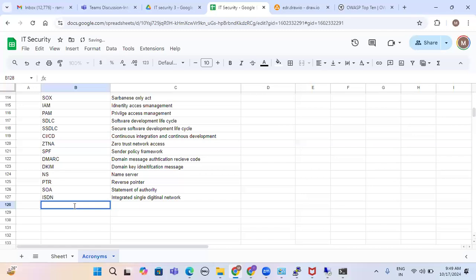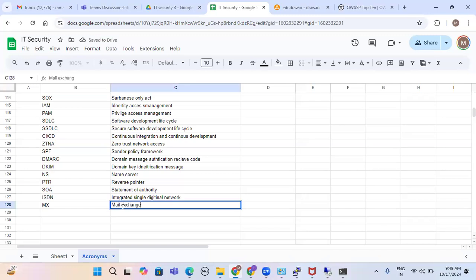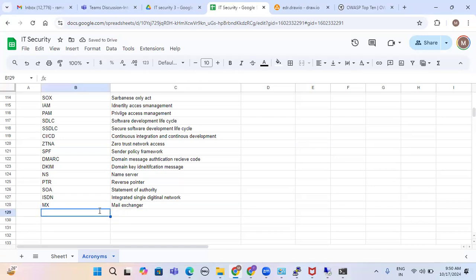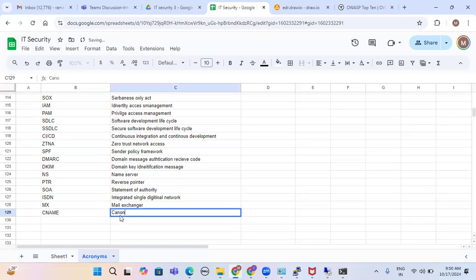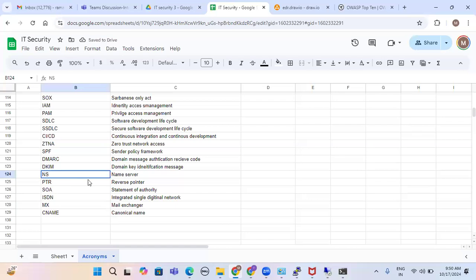And we have MX, mail exchanger. There are so many. CNAME, canonical name. These are all the DNS records, and all these are DNS records only.